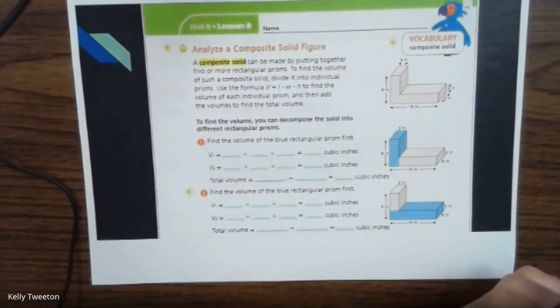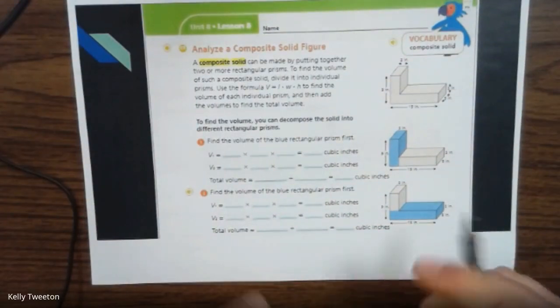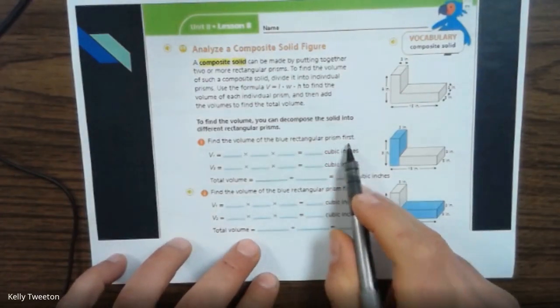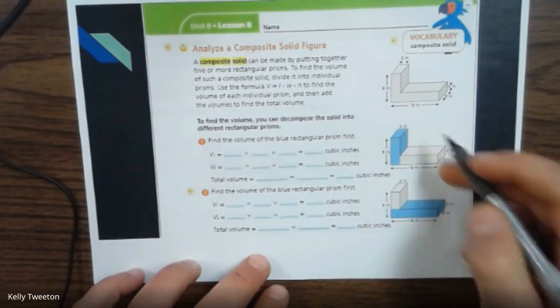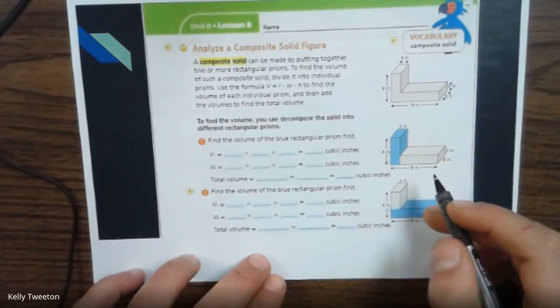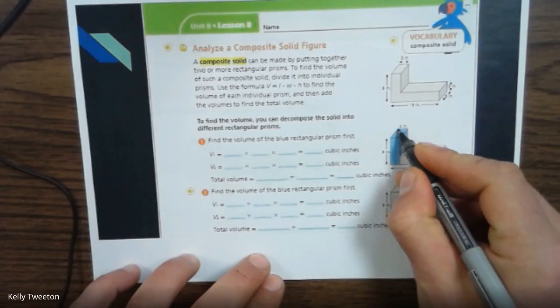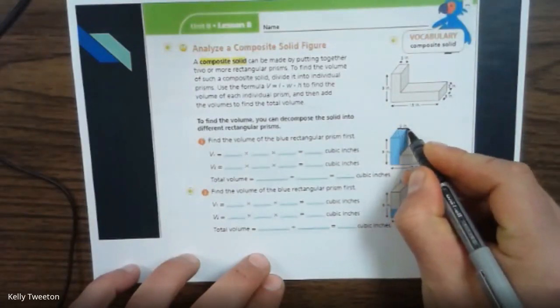So let's go ahead and get started with number 1 here. It says find the volume of the blue rectangular prism first. So we have a blue one over here, and you'll notice that we have some dimensions. The blue one is 3 inches from that side to that side.